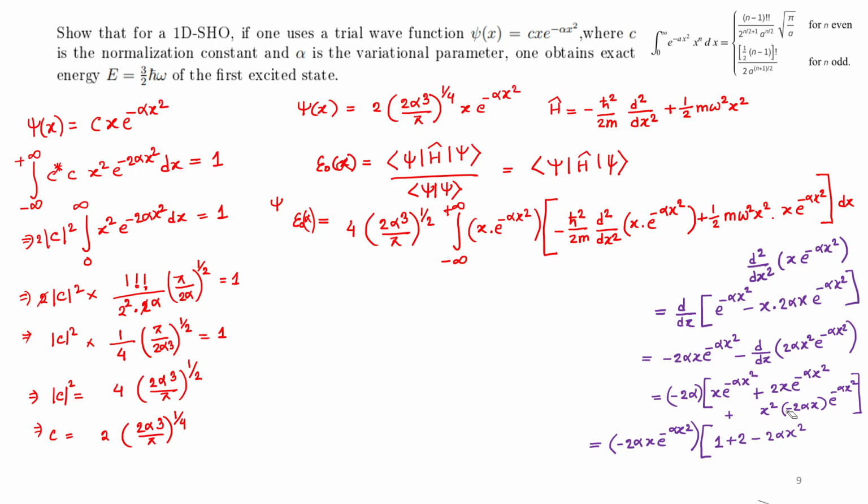So minus 2 alpha x square. So this is it. And the minus alpha x square. 2 alpha x square. So that I will complete here.